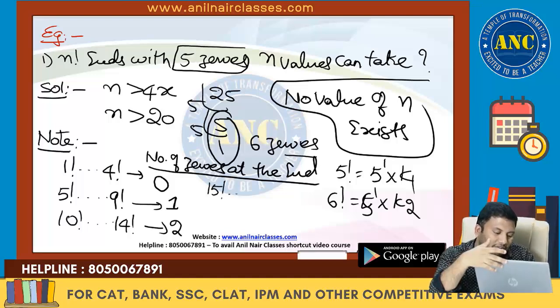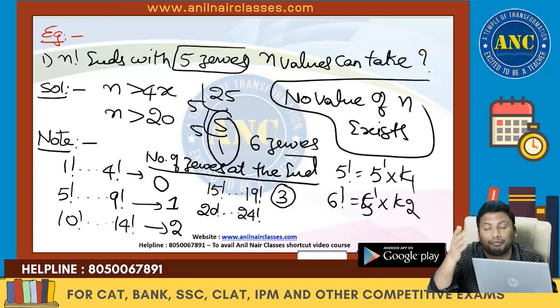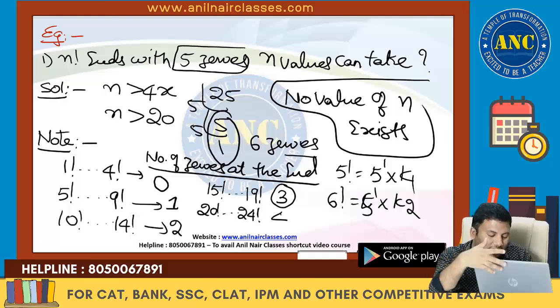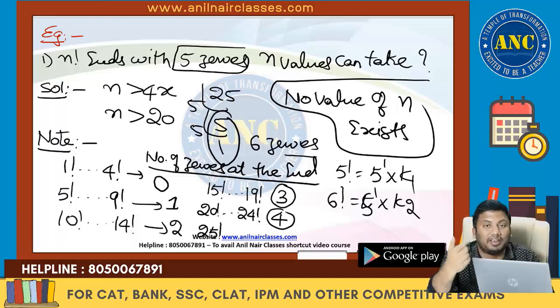From 15 factorial to 19 factorial, how many zeros are there at the end? 3. 20 factorial to 24 factorial: 5 fours are 20, so this is 4. 25 factorial contains an extra power of 5.